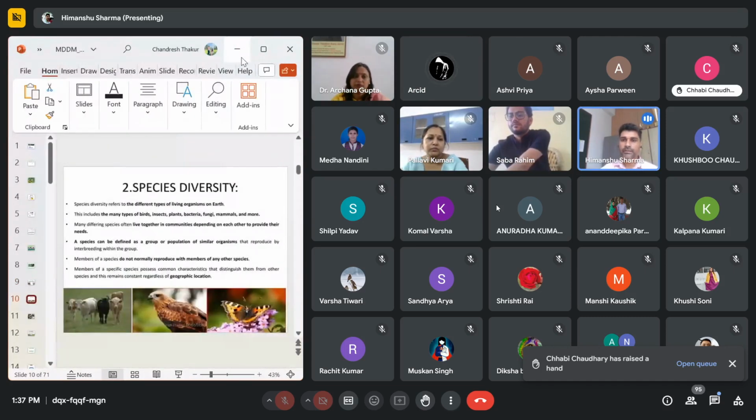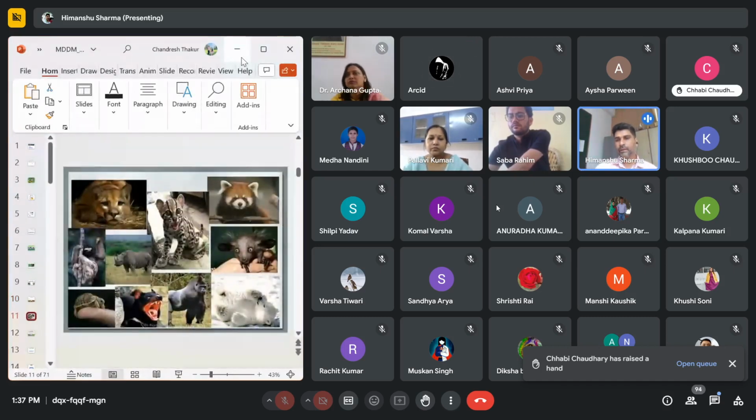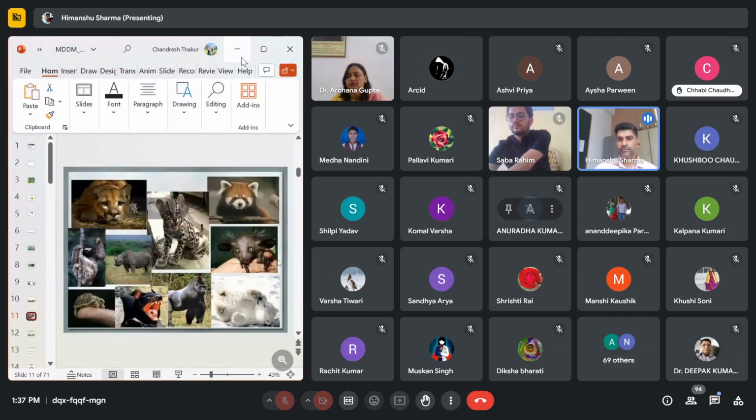A species may be defined as a group of individuals which can interbreed within a group. You will find different species, and their diversity is important to screen. At that level, they may be different individuals, plants or communities.